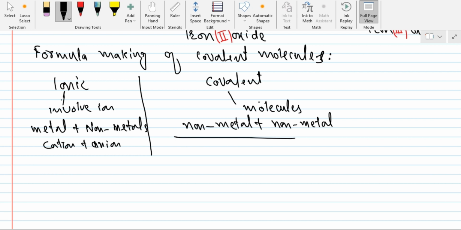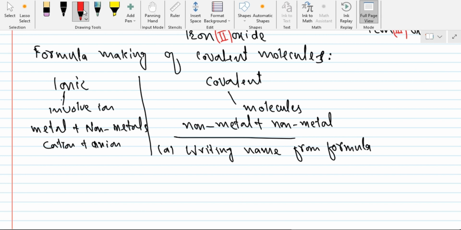Okay, when you have decided the molecule is covalent, there are two parts. First, writing the name from the formula, and the other one is writing the formula from the name.